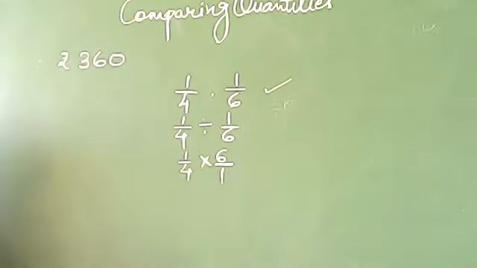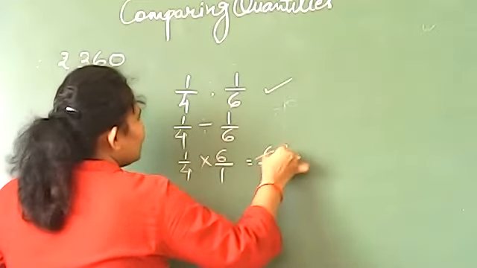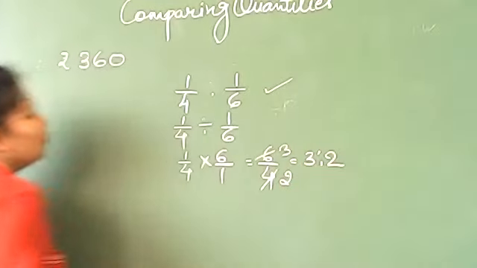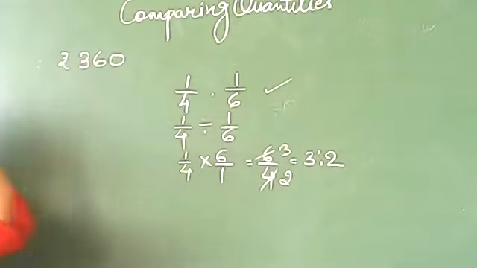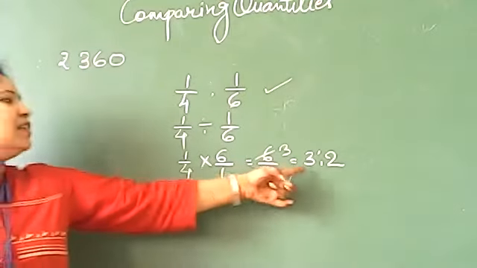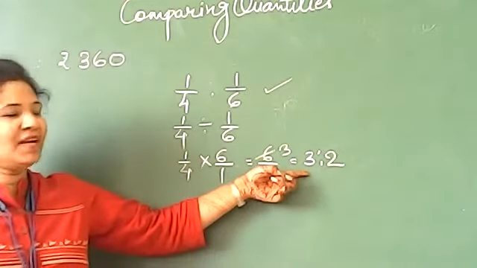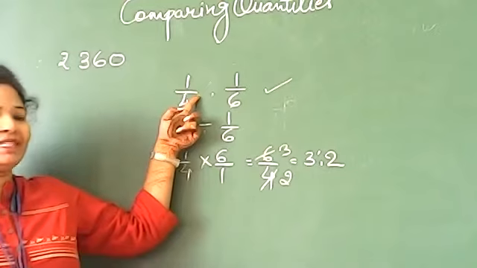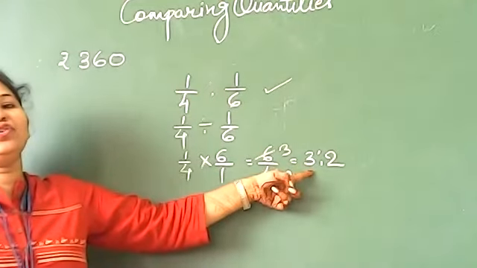So we will have ultimately 6/4, and if we cancel this you will have 3/2, which will give you 3:2. That means 1/4 : 1/6 can be written as 3:2 only in a simpler way. So we have simplified this ratio because it was written in a complex way. After converting, it has turned into 3:2.